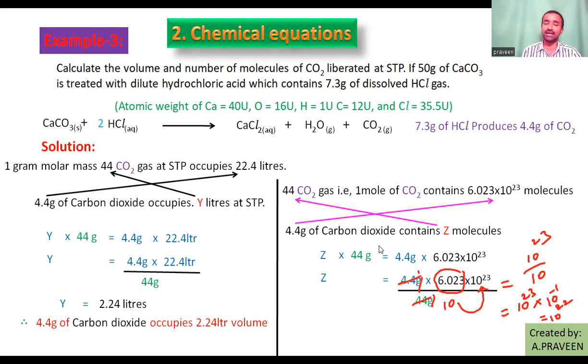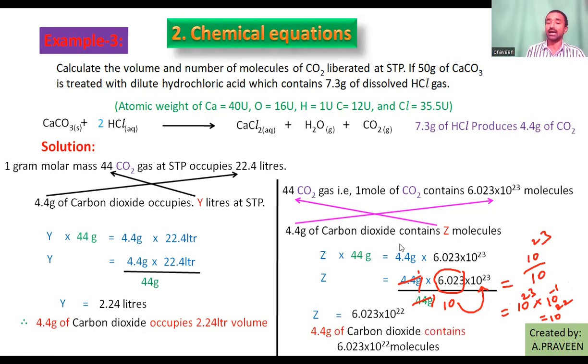Then finally we can write Z equal to 6.023 into 10 to the power of 22 molecules. So here simply 4.4 grams of carbon dioxide contains 6.023 into 10 to the power of 22 molecules. Got it? Everyone, is it clear?